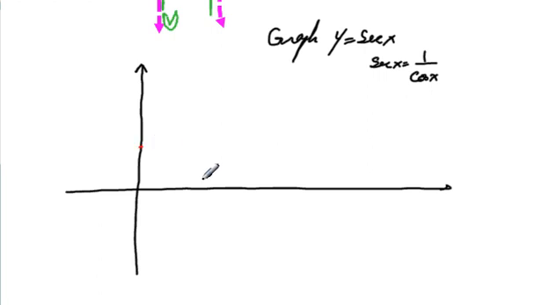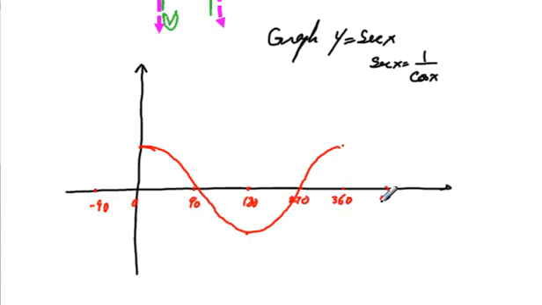Cosine starts at 1, at 90 degrees hits 0, at 180 is minus 1, at 270 hits 0, and at 360 is back to 1. If you want to go back, here's minus 90, 0, 90, 180, 270, 360, 450.